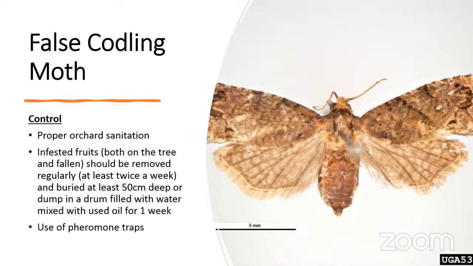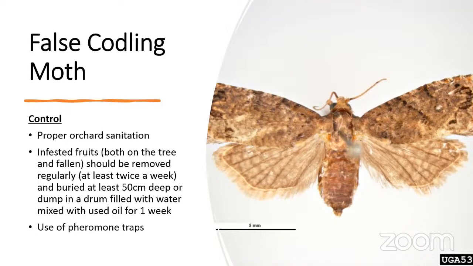Next, how do we control the false codling moth? The first method of control is what we talked about under the fruit fly: proper orchard sanitation. So ensure that you properly manage.